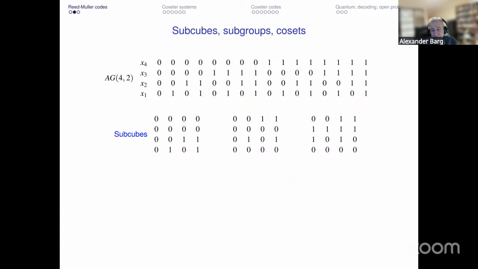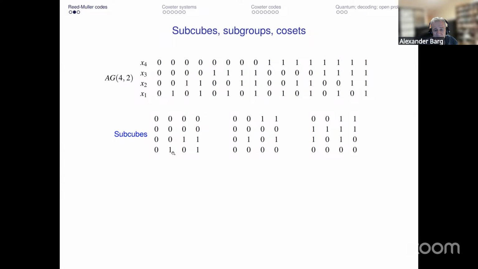Switching to the vector representation, let us say we have a four-dimensional subcube, or the affine geometry of dimension 4. And then, anticipating the Reed-Muller code, there are also Boolean variables that we evaluate, make polynomials out of them, evaluate to obtain codewords. So this is all the values of x1, x2, x3, x4.